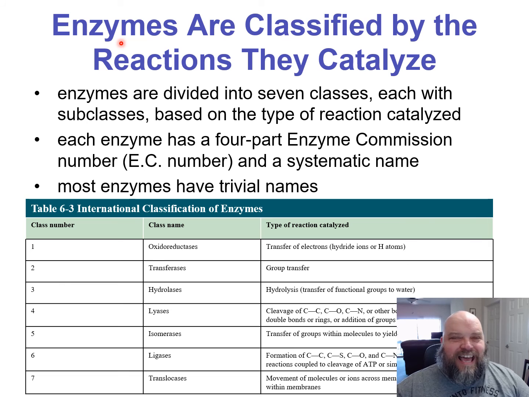Now, to sit there and say enzyme, it's too much. So we like to divide that out, parse that out, group like with like. Rule of thumb: any word that ends in -ase, A-S-E, is an enzyme.